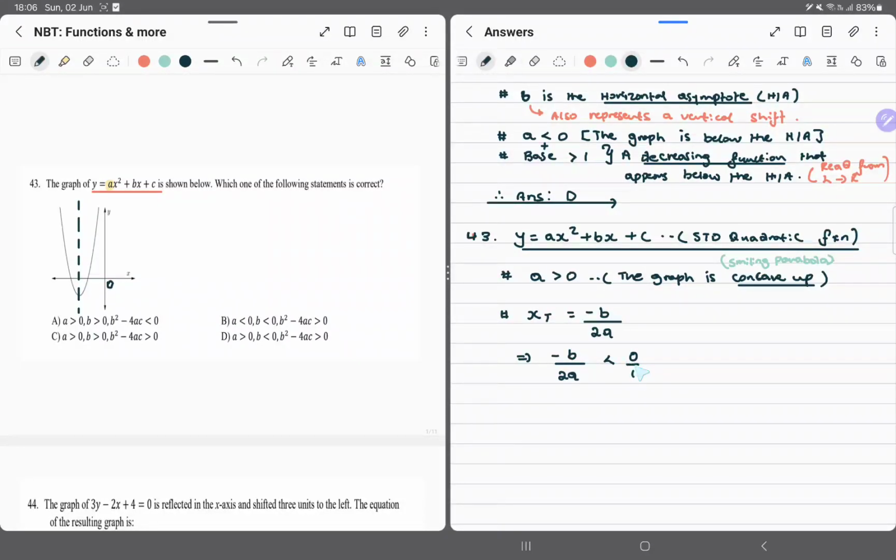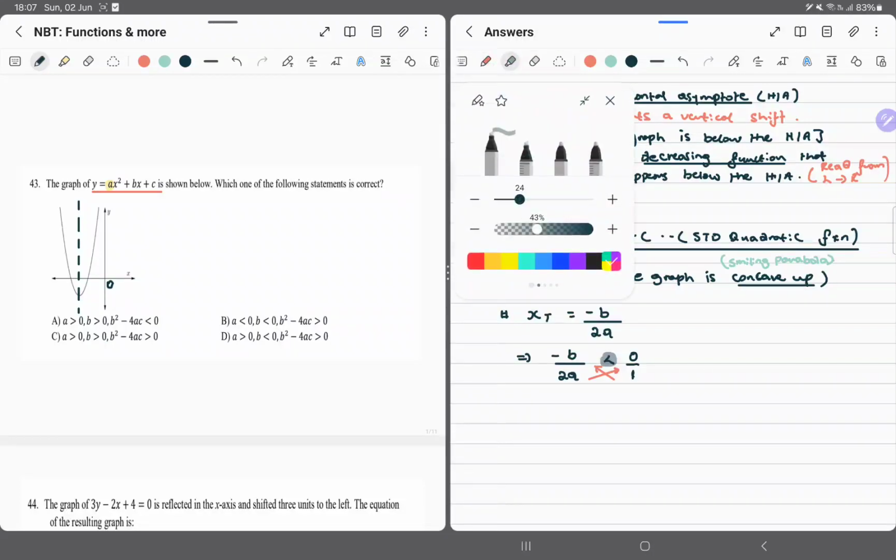0 over 1. Remember, we never divide by 0. Now here's the thing. We are allowed to perform the gymnastics of cross multiplications, but with inequalities, it becomes a little bit tricky. This is where you don't just do as you please. You must be forever careful. But here's the advantage to this.